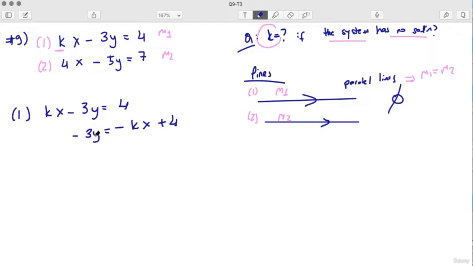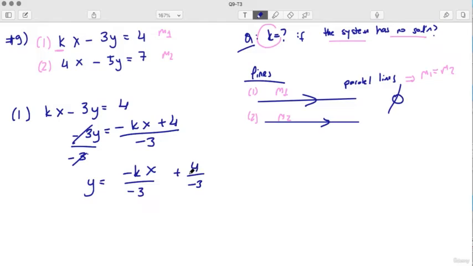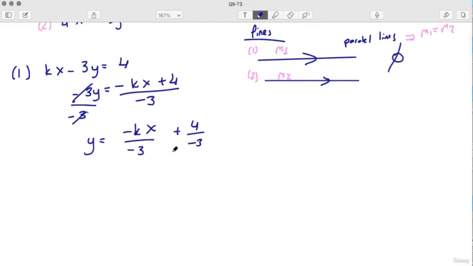I need to have y alone here. So let's divide both sides by -3. These cancel and I'm left with y on the left side. And here, to be clear: minus kx divided by -3 plus 4 divided by -3. This is instructive, that's why I'm doing this the long way.